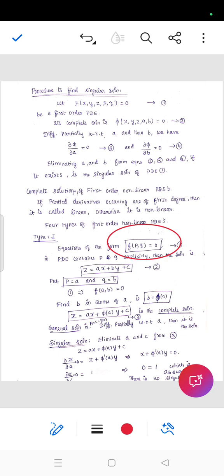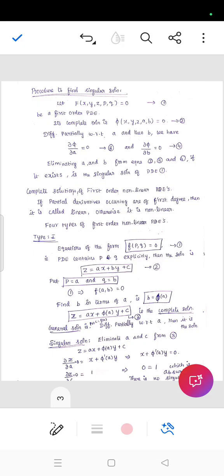In this structure we have to find the solution by the following method. First of all, if the PDE contains p comma q explicitly, then the solution is given by equation number 2, z equal to ax plus by plus c. Now how to find the complete solution?